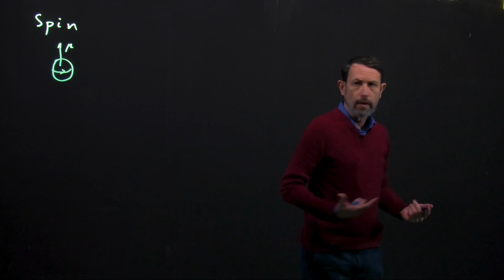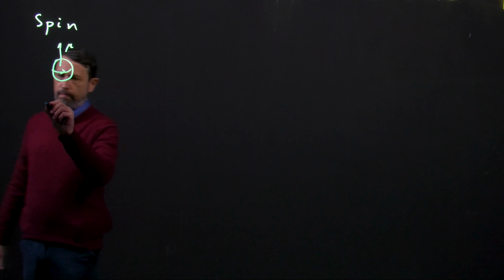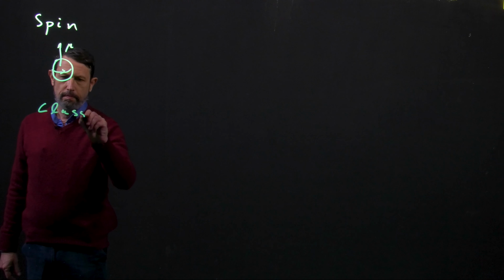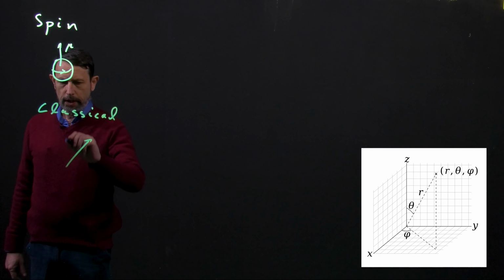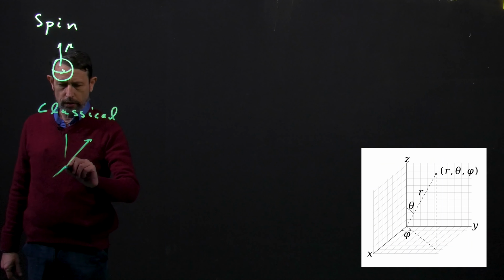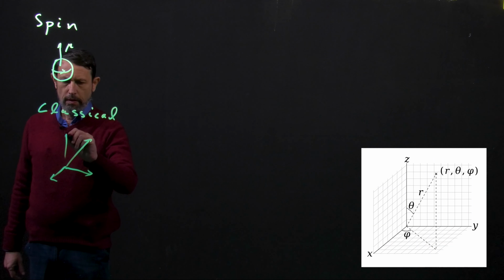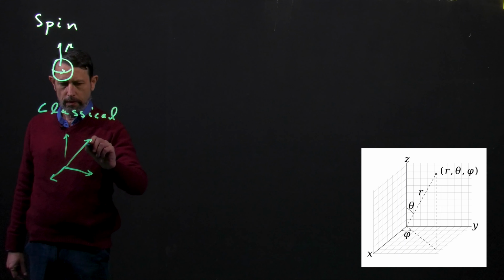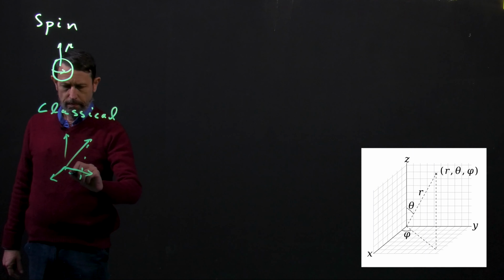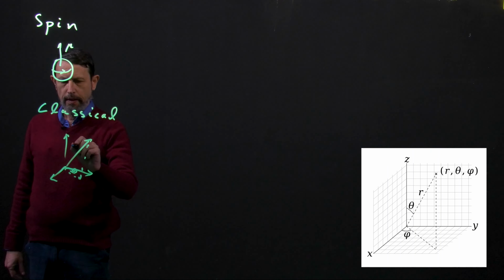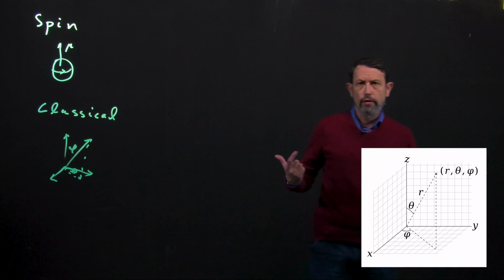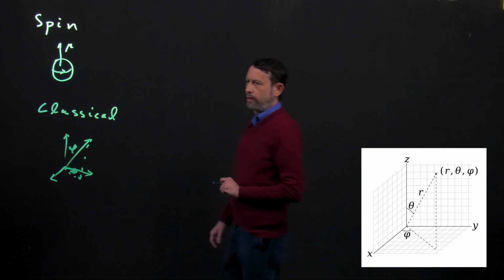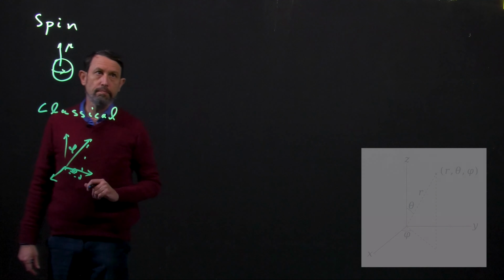So, from the classical point of view, in order to define the direction of the spin, we will need two angles, theta and phi, and that determines the direction of the spin, of the magnetic moment.